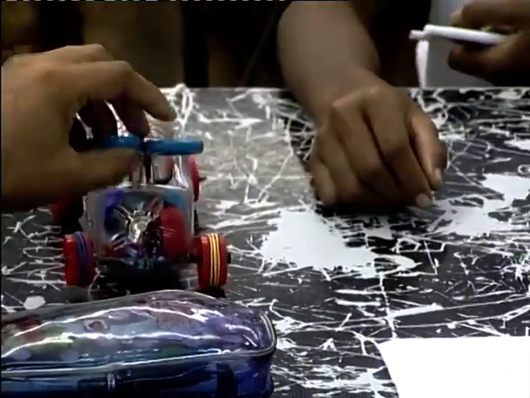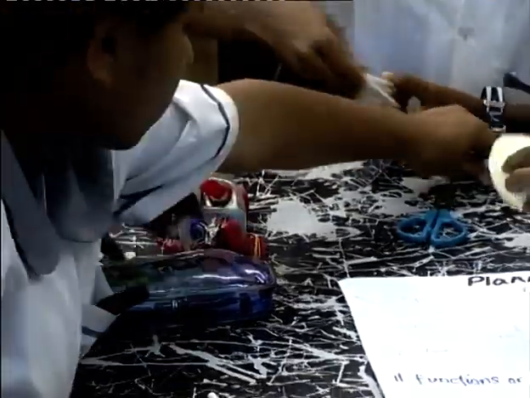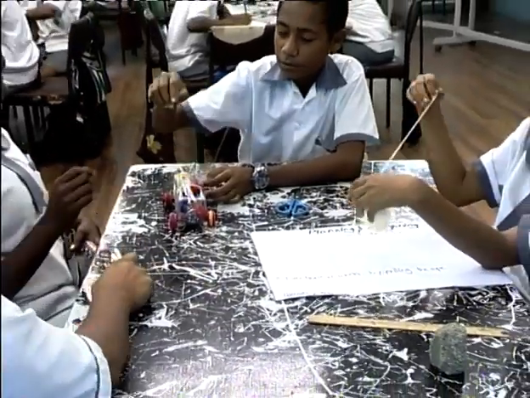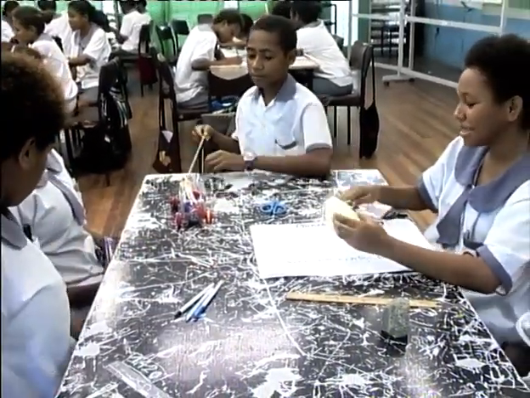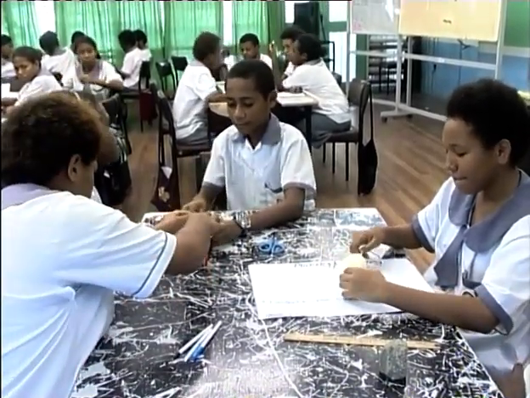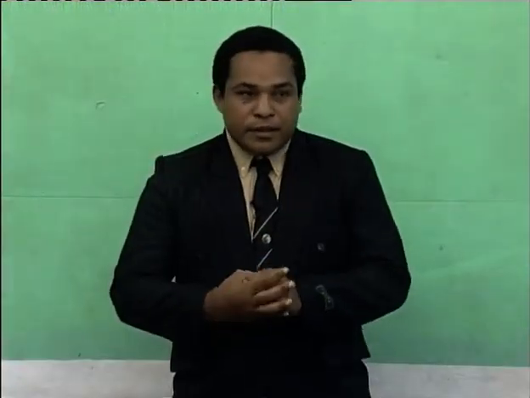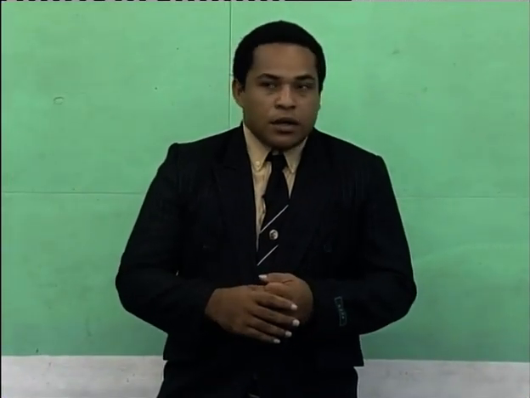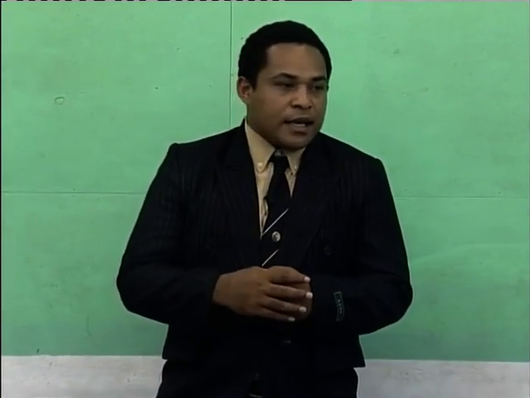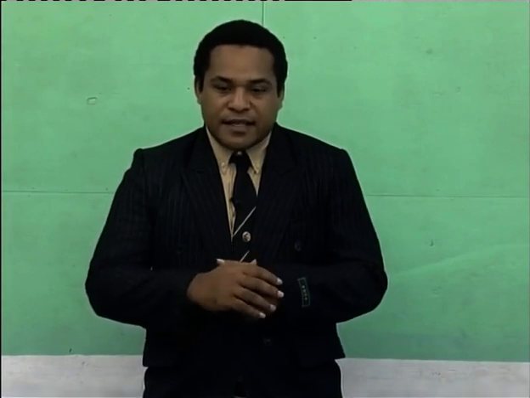Okay, receiving students and 6C, by now you should have completed constructing a simple toy. So let's have one group come up to the front and show your simple toy to the receiving students and your friends in the model class and demonstrate how it will work. Are we following, receiving students and 6C?